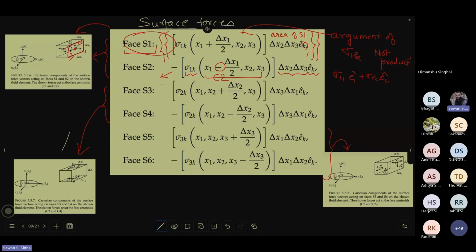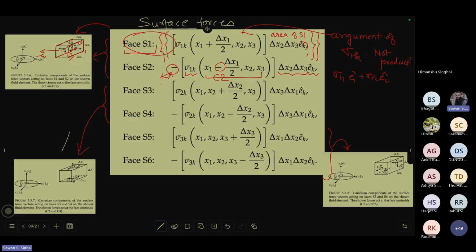Not only does a minus sign appear there, a minus sign appears here also. Please pay attention to this. This is a place where we make a lot of mistakes. Why am I putting a minus sign here? I am putting a minus sign here because this surface has outward unit normal along the minus E2 direction.